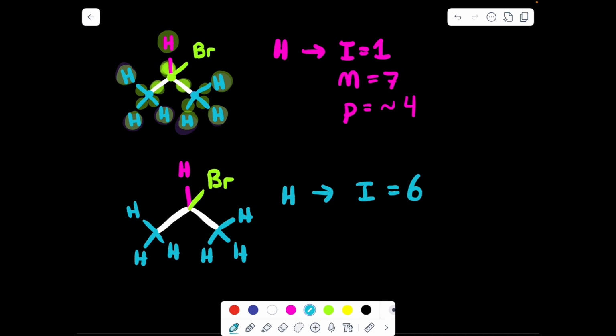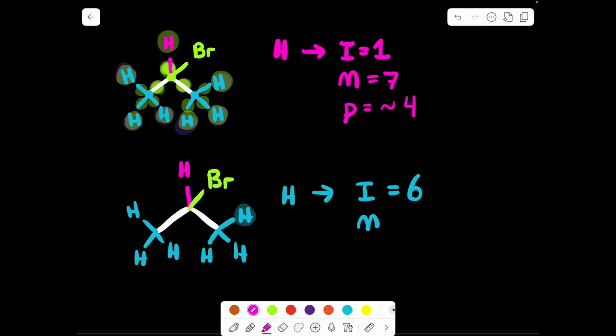But now for the multiplicity, you cannot be a neighbor with yourself, right? If you live in a house, you're not your own neighbor. You're only neighbors with the people that live in different houses than you. So the multiplicity of any one of these hydrogens is going to be the same. So you just have to focus in on one. So I'm like, what's the multiplicity of this hydrogen?